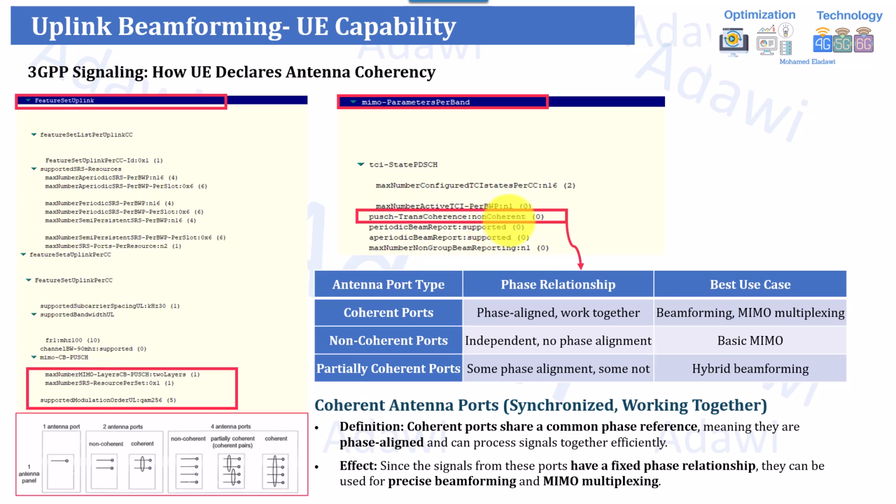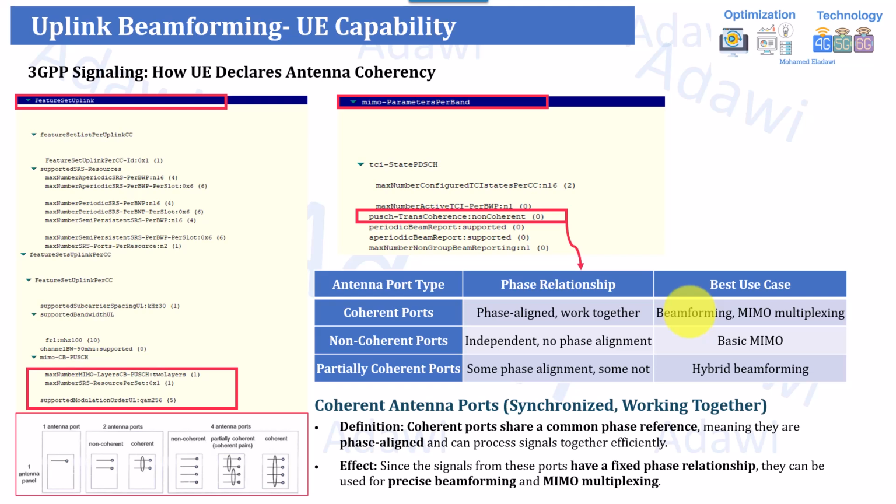This means they are independent, with no phase alignment. So this can be used only for basic MIMO, but the beamforming capability would be much less. Assuming this one is full coherent, as mentioned here, this means it has phase alignment and supports advanced beamforming, so this can improve the uplink coverage for this particular user.